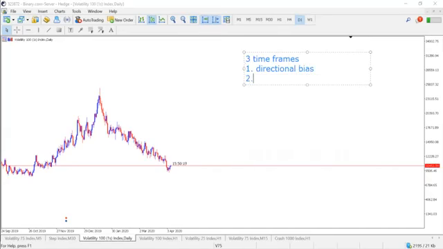The second time frame is for reading structure, what I call structure. And your third time frame is for entries. If ever you can master this, you're gonna find yourself always being on the right side of the market, right?